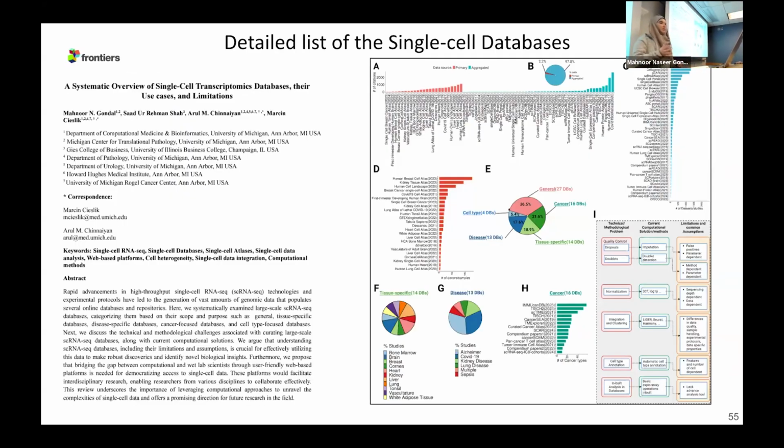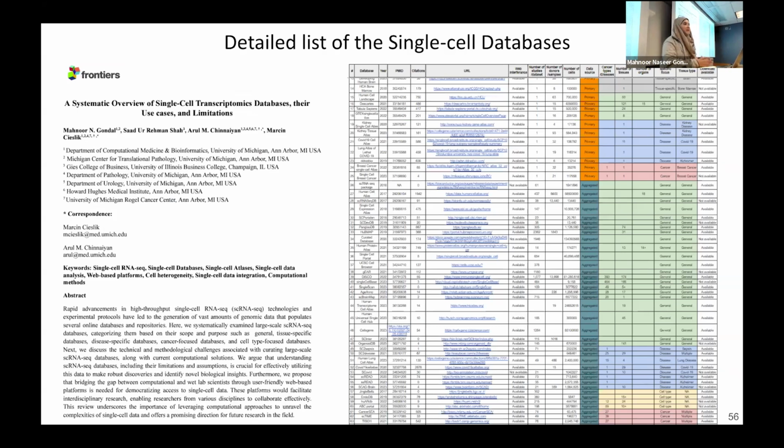One of the things that I wanted to share with you is that if you have done a huge amount of analysis for your research, looked at different databases and so on, you can always make a review paper out of it. So this is our review paper detailing the single cell data sets that exist out there, making some groupings, for example, this is primary data, this is from aggregated data, and you have different cancer types as well.